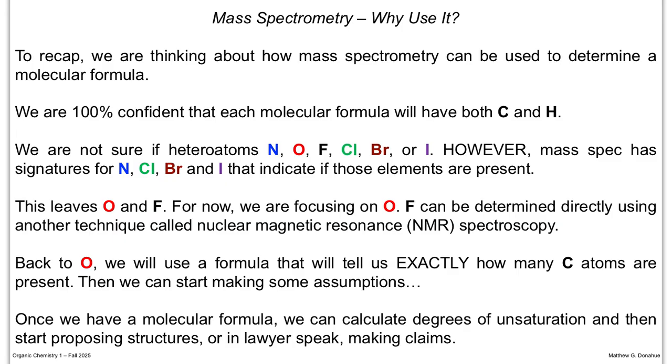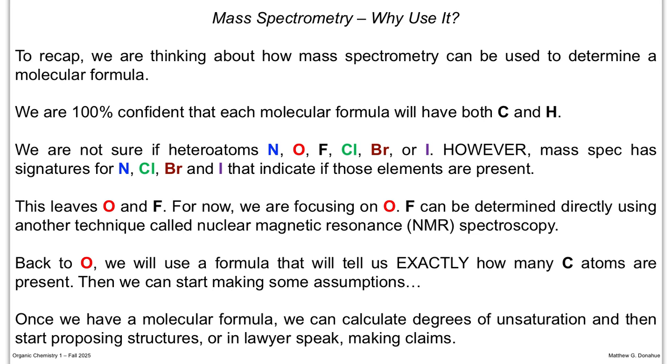But we still want to be able to look from all angles of attack. And so the lead in from mass spec into the next technique that we'll get to today, IR. IR is going to help us increase our confidence of oxygen being present, and then some other heteroatoms as well.